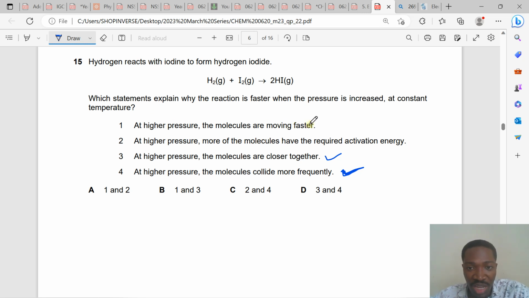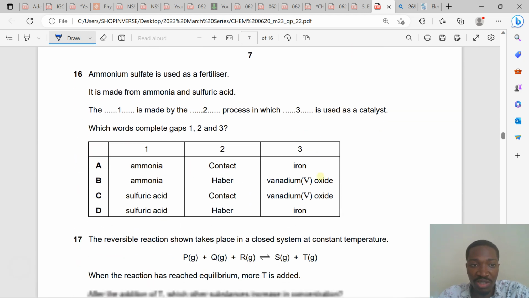At high pressure, the molecules are moving faster. No, it is temperature that tells us how fast the molecules are moving, because temperature is related to the average kinetic energy of the molecules of a substance. So this is not a valid reason for pressure to affect the reaction. So it's just 3 and 4. That's option D.